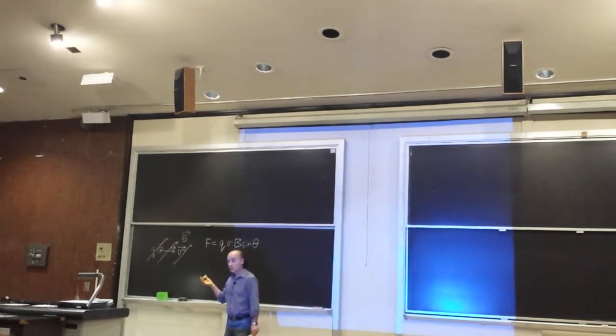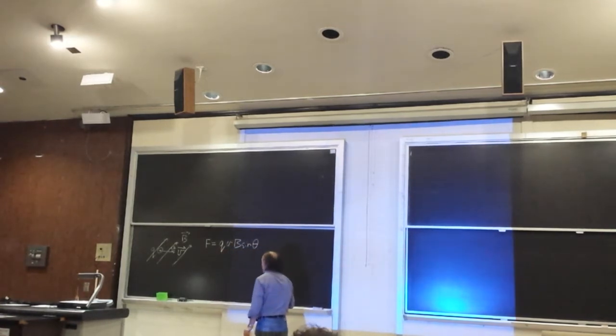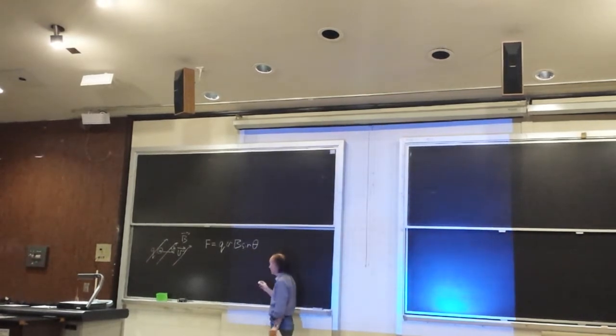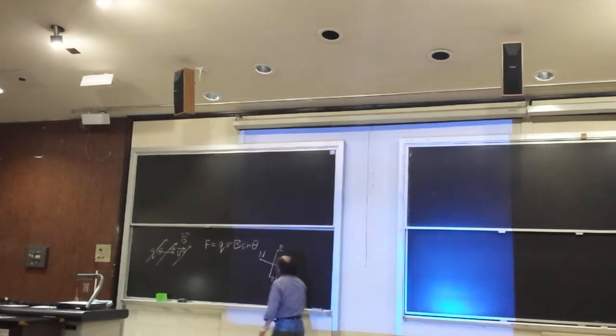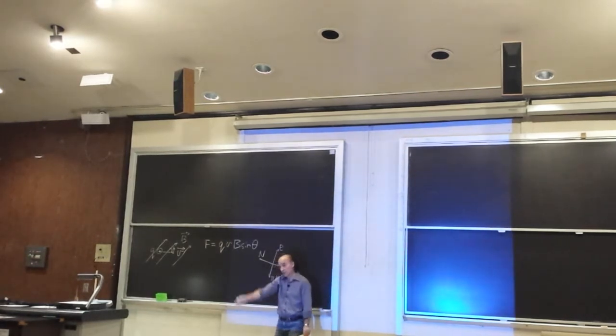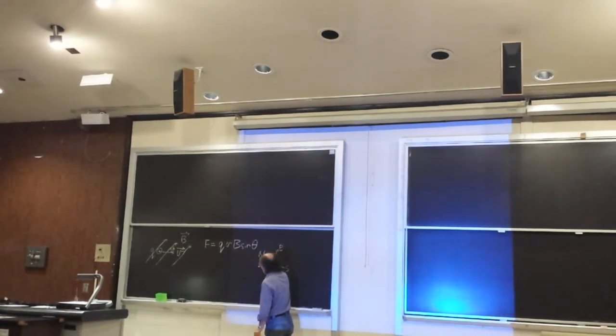This is also the concept. We are using this concept to solve simple problems. For example, the Earth has a magnetic field. Suppose this is north, this is east, this is west, and this is south. Suppose the Earth's magnetic field is to the north, but down below the horizontal by 25 degrees.